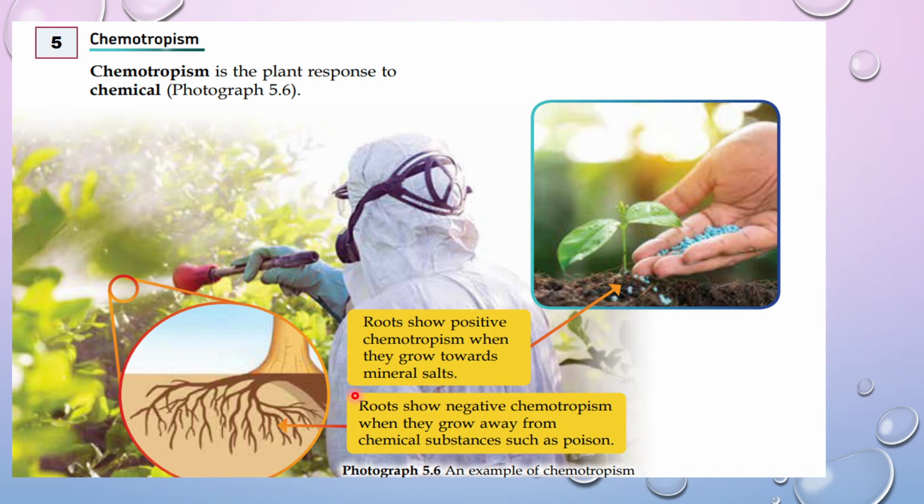Meanwhile, you can see also roots showing negative chemotropism when they grow away from chemical substances such as poison. That means whenever those chemical substances are unfavorable, they will retreat from it. Okay, they will move away from it.